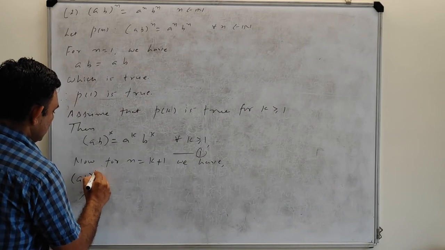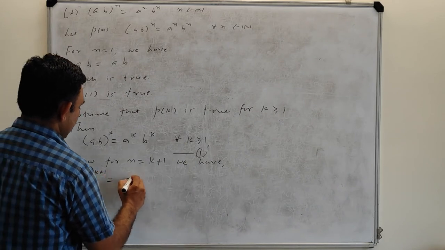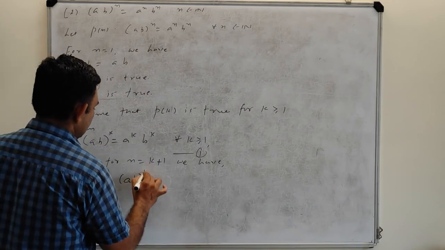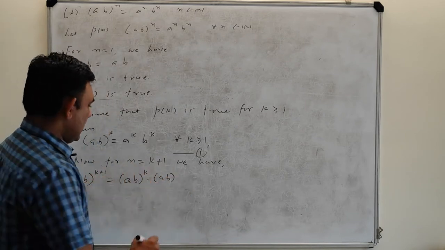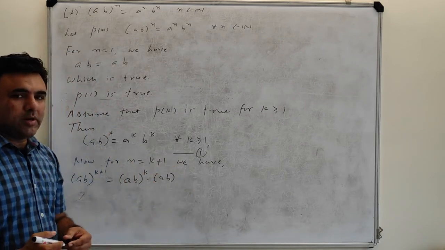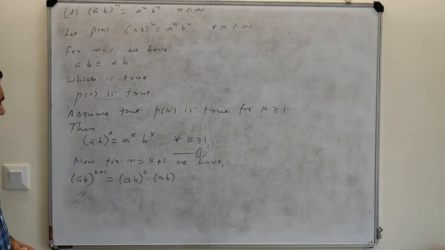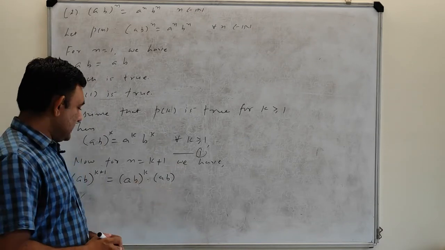AB raised to k plus 1 is equal to AB raised to k into AB. I can always split k plus 1 as k and 1, no need to write 1 power. So AB raised to k into AB by laws of indices.